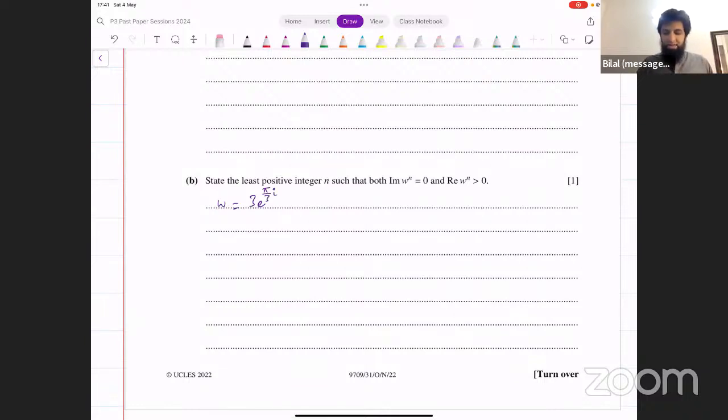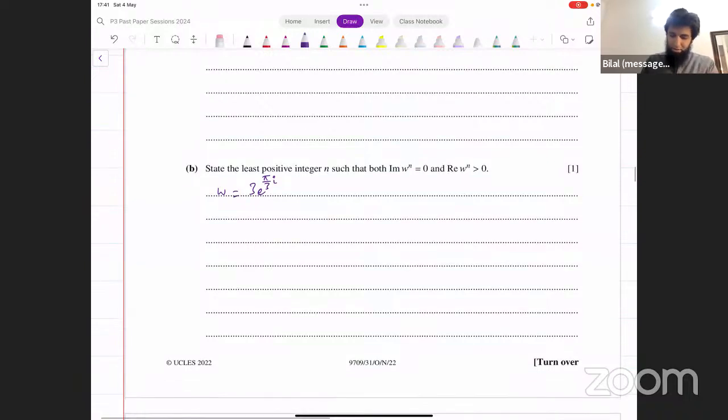Now, what they're saying is, if we take some power of w, how can we get the imaginary part equal to 0 and the real part positive? Now, how do we think about this? How can we have the imaginary part 0 and the real part positive?